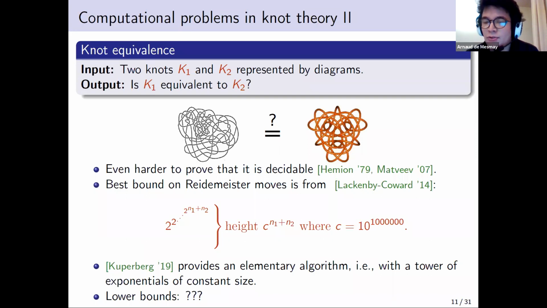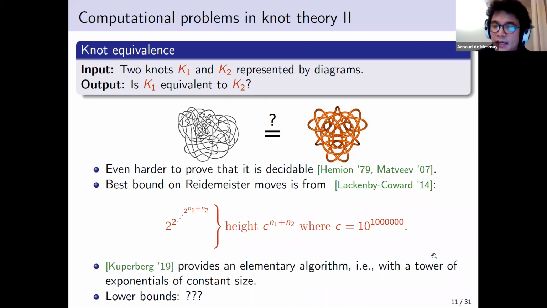If you want to see all the details, there's a very comprehensive book by Matveev where he explains this. And you can try to do something similar as in the previous slide, which is trying all the possible Reidemeister moves up to some bound. And if you can show that a certain number of Reidemeister moves will always work, then it gives you an algorithm. And the best bound for this number of Reidemeister moves is this bound here.